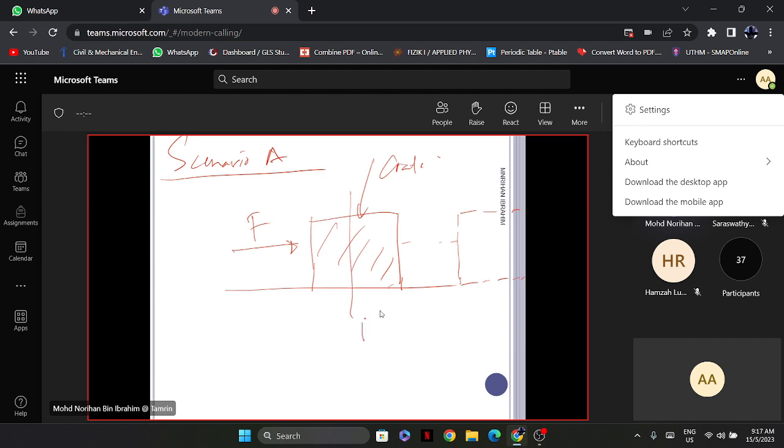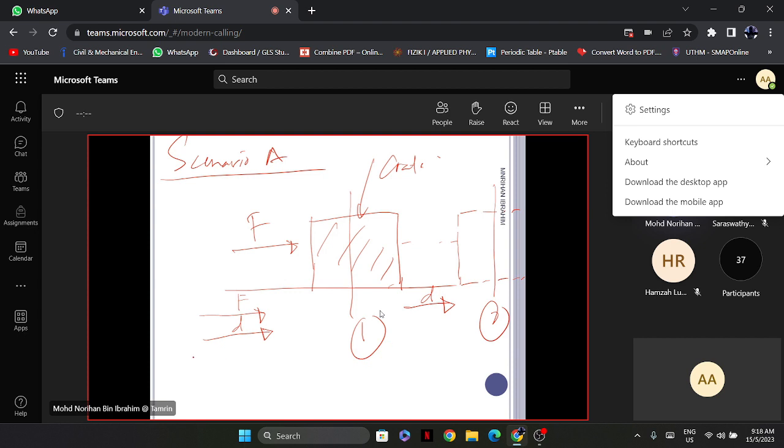Let's say this one is the initial position and this here is the final position. It will displace to the right by a distance D. The force is to the right as well. So the force vector F and this displacement vector D are in the same direction.